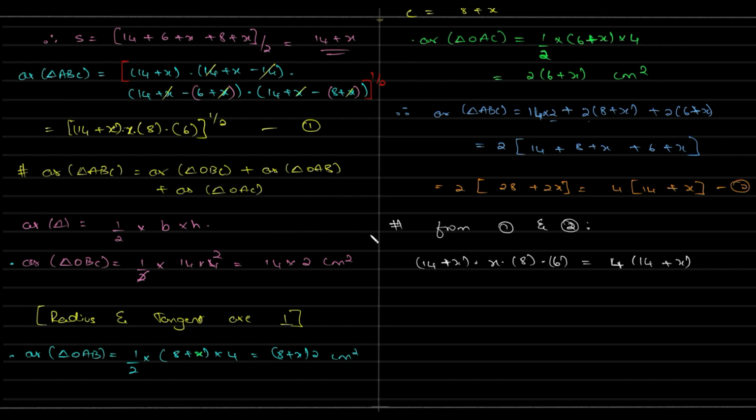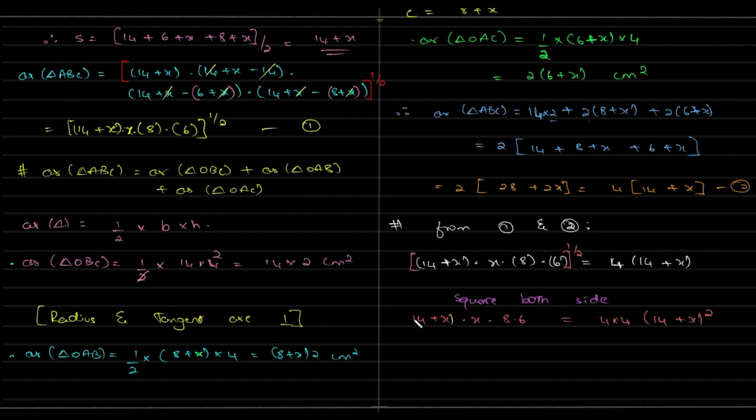If I square both, by the way, there is to the power of half, don't forget that. So now I'll square both the sides. So we have 14 plus x into 8 into 6 is equal to 4 square, 4 into 4 into 14 plus x the whole square.